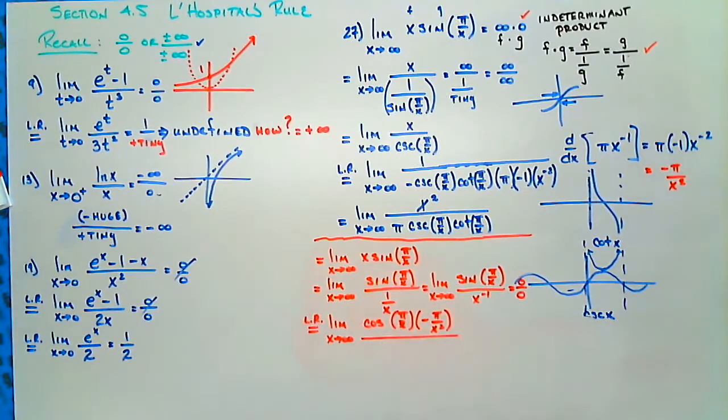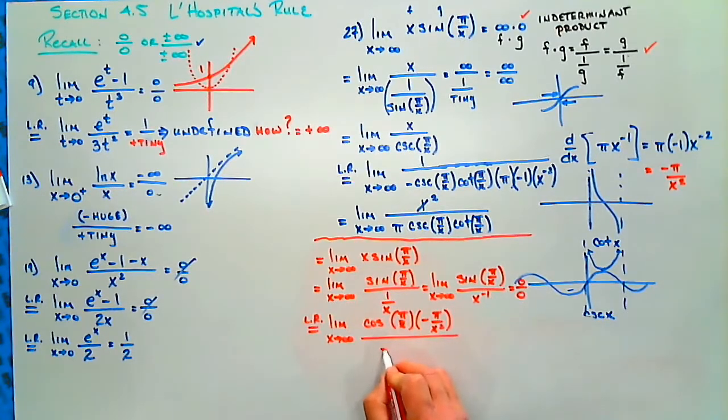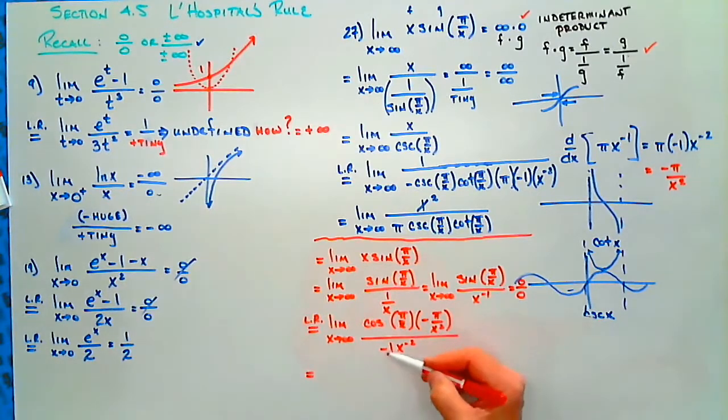And what do we get in the denominator? Well, we have to take the derivative of x to the negative 1. Right? So what's the derivative of x to the negative 1? Well, the derivative of x to the negative 1, of course, is negative 1 x to the negative 2. So if we use some algebra here, let's see if we can clean this up. First of all, this negative up here cancels this negative down here.